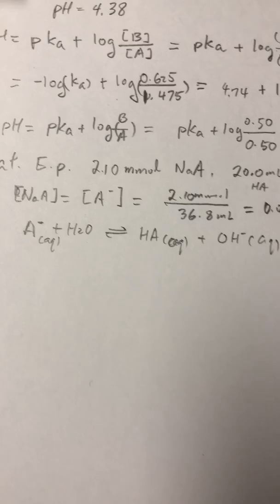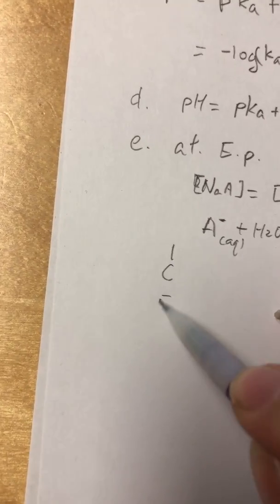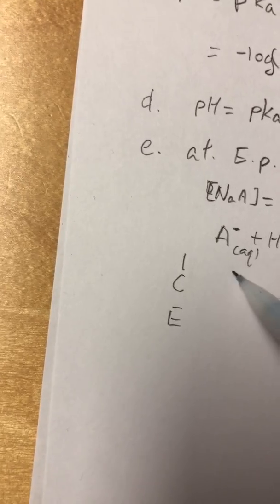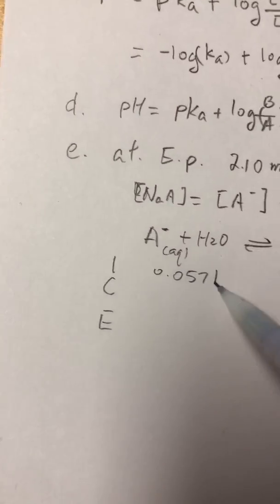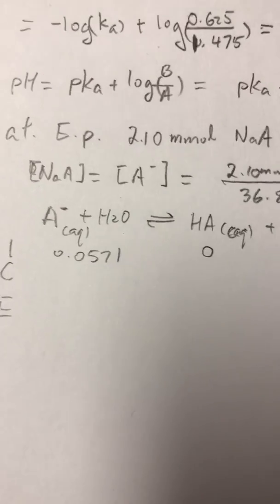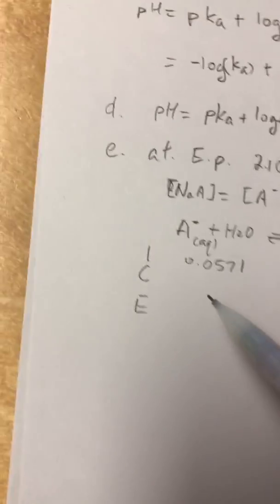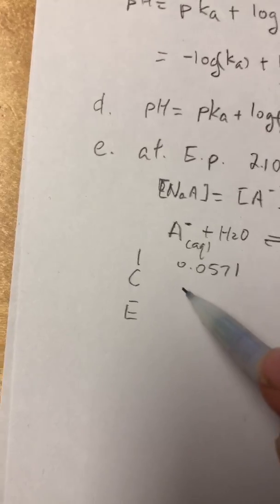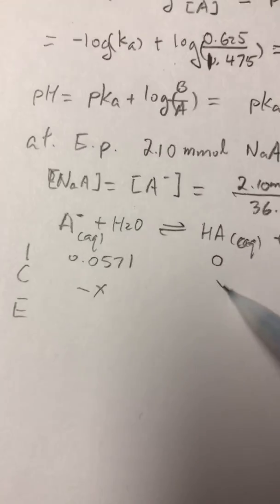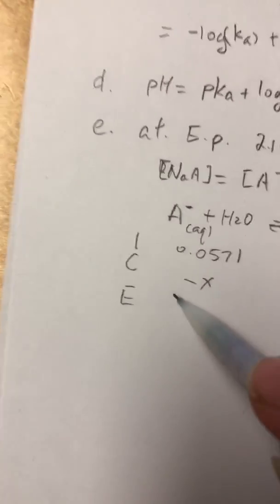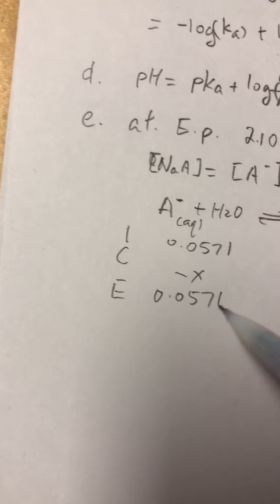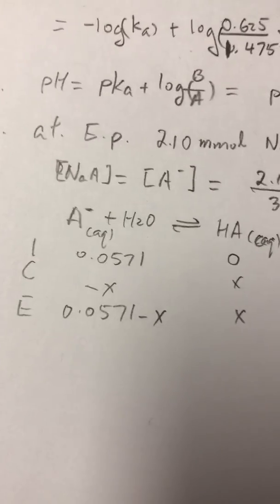If you want to write the ICE table, well, we can write the ICE table. This is 0.0571. This is 0, close to 0 at the beginning, or at the equivalence point. The change is negative x, x, x. Now here 0.0571 minus x, x, x.